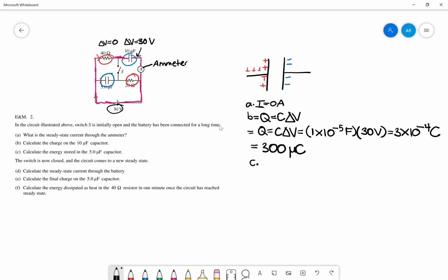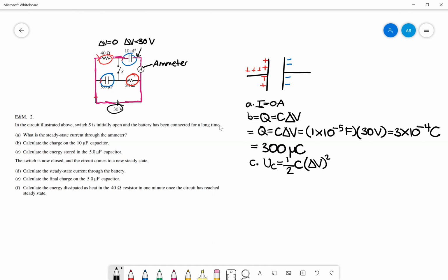This energy will be equal to U_C, where U is energy and C is the capacitor. So the capacitor's energy will be equal to 1/2 times the capacitance times the voltage squared.